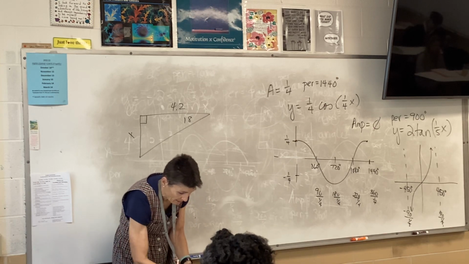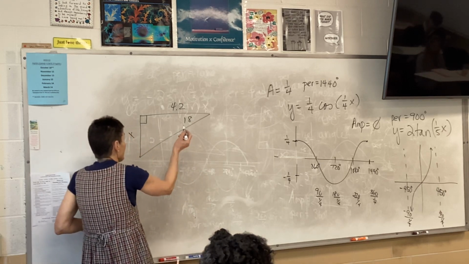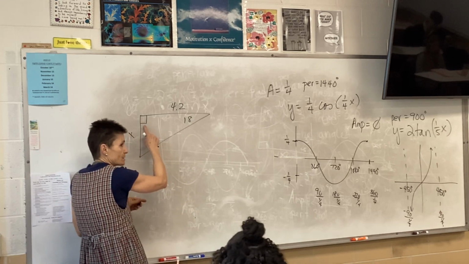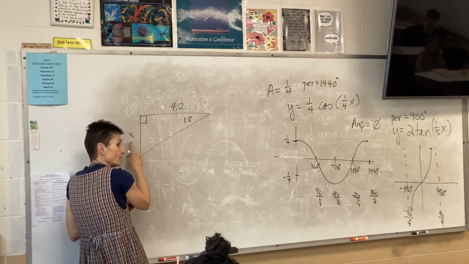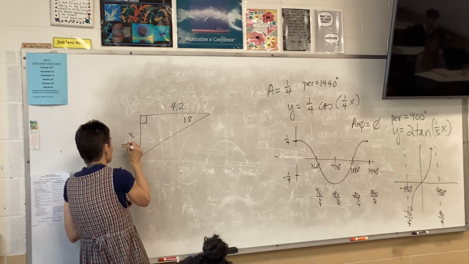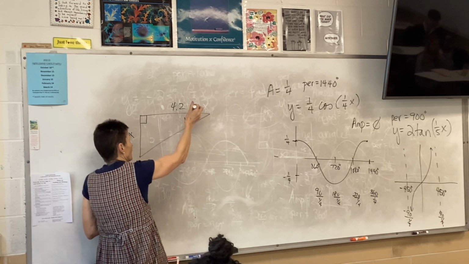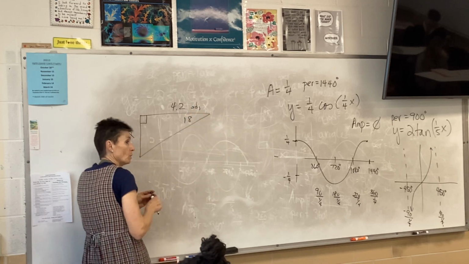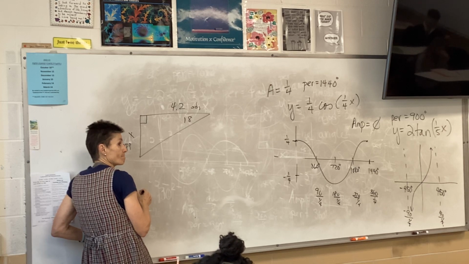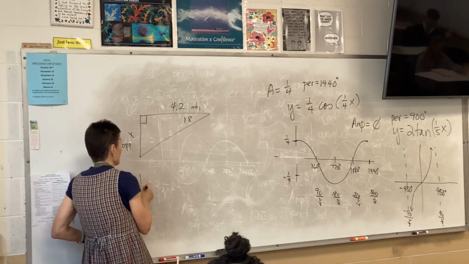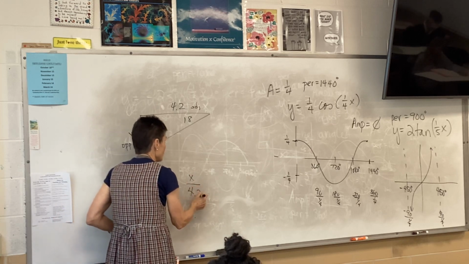We're going to use sine, cosine, or tangent, and we need to figure out which one it is. So here's your angle. Never use the right angle. Which side is this? With regard to that angle, this is opposite, and this is adjacent. So which function will we use? Sine, cosine, or tangent? SOHCAHTOA. So tangent 18 equals x over 4.2.